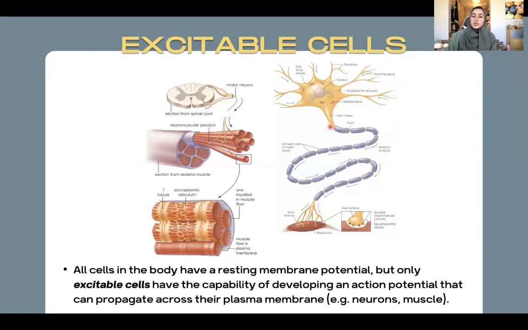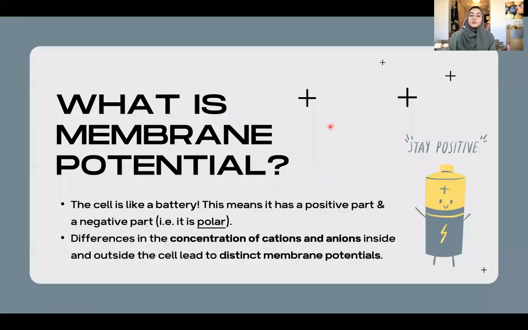It's very important for us to understand this as future doctors, inshallah, in order to understand what could go wrong, whether that's with electrolyte concentrations, which we're going to touch upon in a bit, or with nerve damage, things like that. So that's just a preface: excitable cells have the capability of generating an action potential. We have nerve cells and muscle cells, and those are the main examples we're going to talk about today.